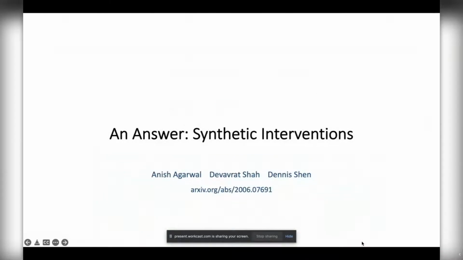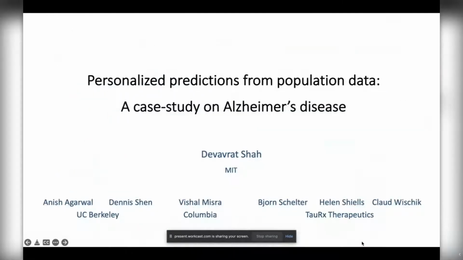So I have a very simple agenda for the next 20 minutes. I want to talk to you about one case study in the context of a phase 3 clinical trial data from Taurex Therapeutics for Alzheimer's disease. What we want to do is take the population level data available in this clinical trial and see what sorts of personalized predictions we can make using a causal inference method called synthetic intervention.